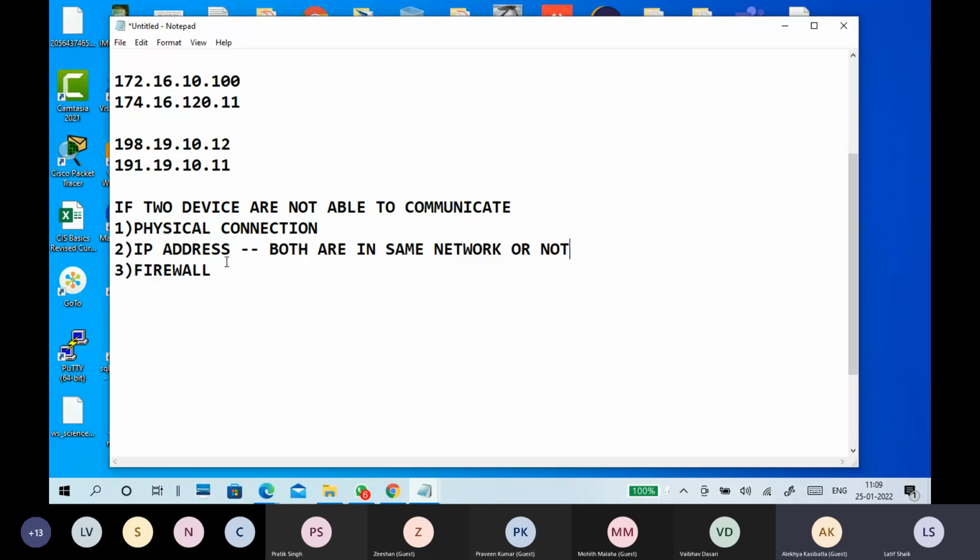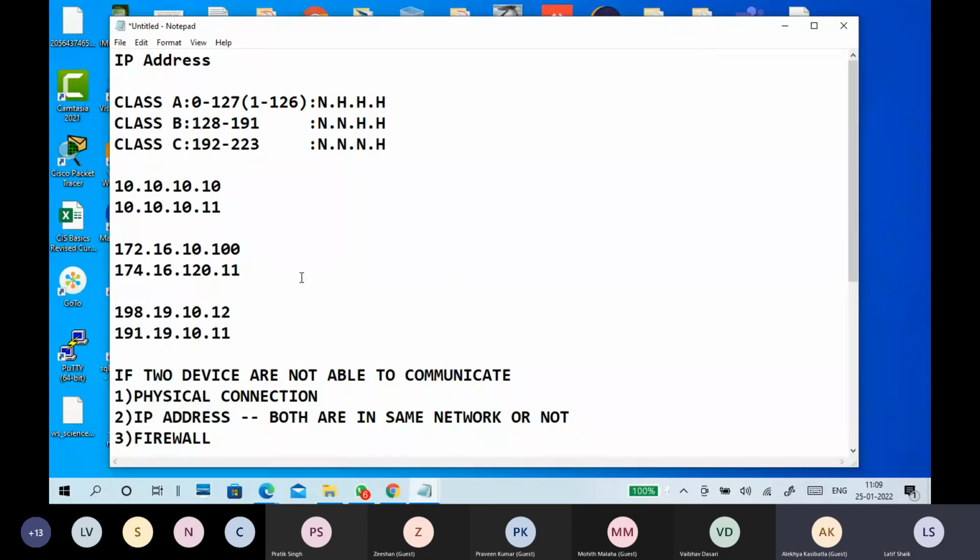Check the IP addresses and make sure that both IP addresses are in the same network or not. So that's it. And of course, for every IP address, when you enter it, there is a subnet mask.